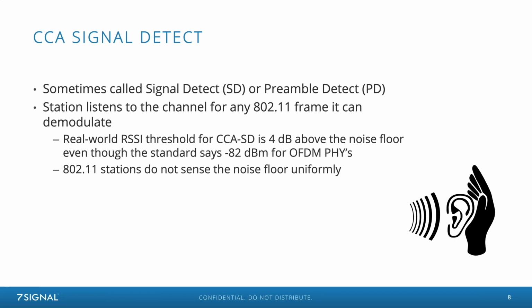A better rule of thumb is 4 dB of SNR. So if a transmission is 4 dB above the noise floor, it's probably going to trip the signal detect threshold for most Wi-Fi stations.